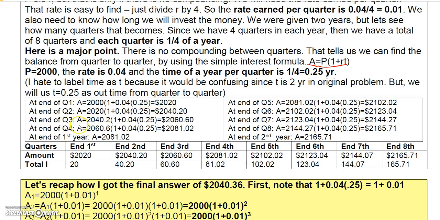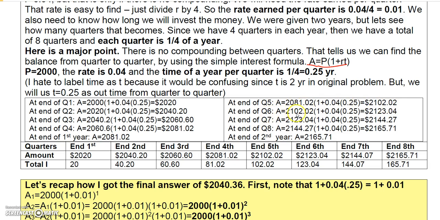And then if we leave that in there for the next quarter, your principal would be $2,040.20, and we would multiply it by the 1 + rt, which is the same all the way through here. 1 + rt is always going to be 1 + 0.04 × 0.25. So that's 2,060.60. And then if you multiply that by the 1 + rt, you get 2,081.02. So at the end of the first year, I've got 2,081.02. Now, at the end of quarter 5, for the next year, 2,081.02 multiplied by (1 + 0.04 × 0.25) gives 2,102.02.